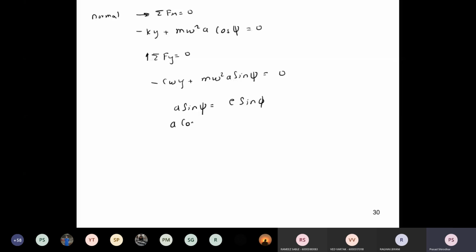And A cos psi is equal to y plus e cos phi. So this is how we get the values.